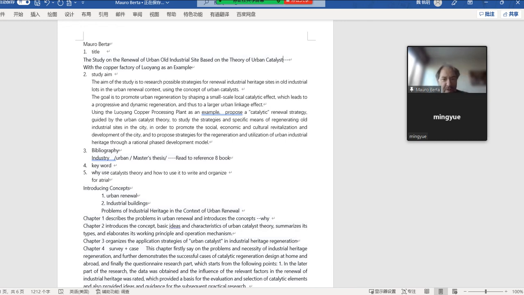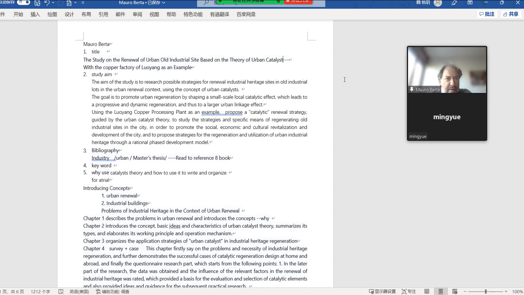Besides this, I would like to warn you about this attitude, which I see is very common in Chinese students, of using a particular study that was done by a scholar or a group of scholars, and naming it a recognized theory. Actually, you are talking about urban catalysts.